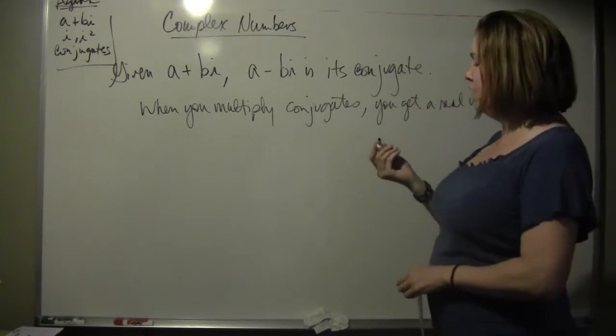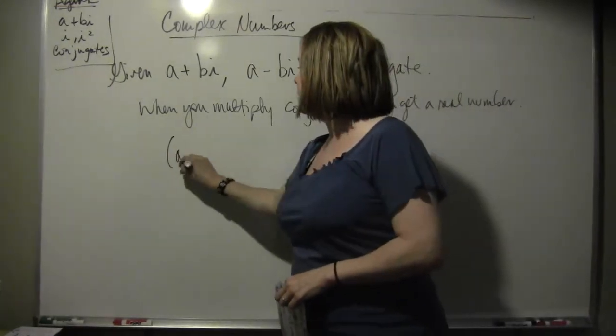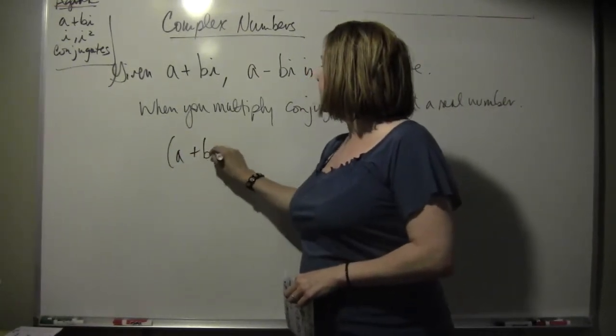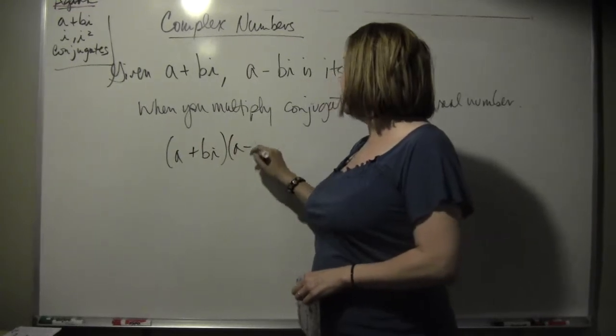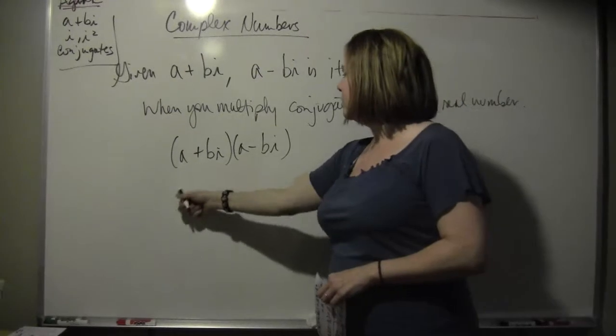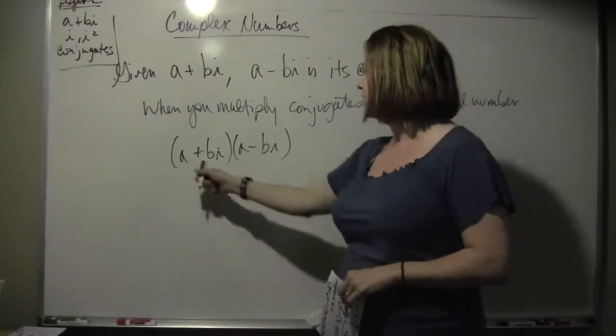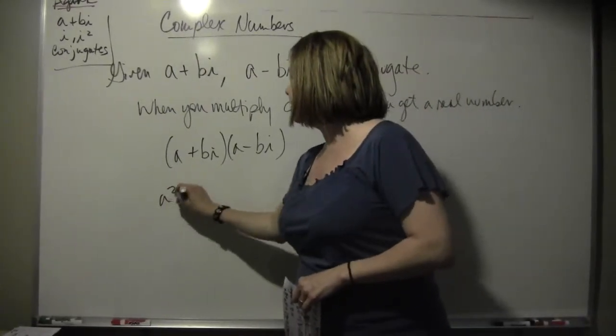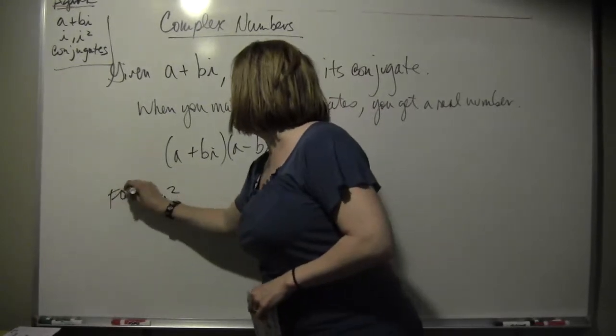Okay, so let's just FOIL this real quick. a plus bi times a minus bi. And if you notice, it's kind of like the difference of two squares thing, so our middle terms are going to cancel. So we get a squared. We're going to FOIL this.